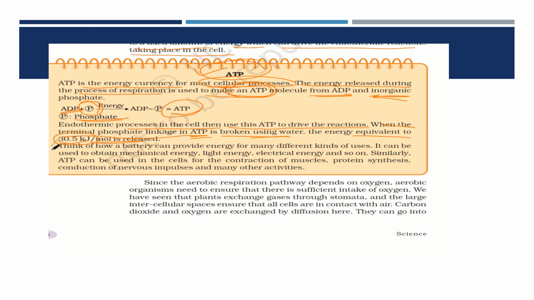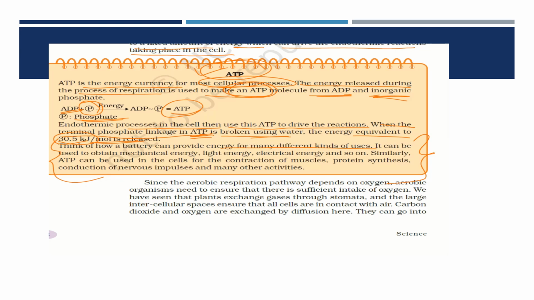Now, relating to this, you can see how a battery can provide energy for many different kinds of uses. Like that, this ATP which is being broken and utilized in our body in different parts for different functions is the function of a battery, where the energy can be used for different uses.